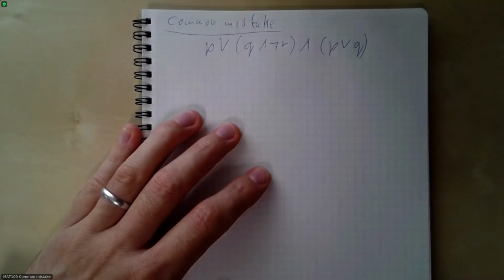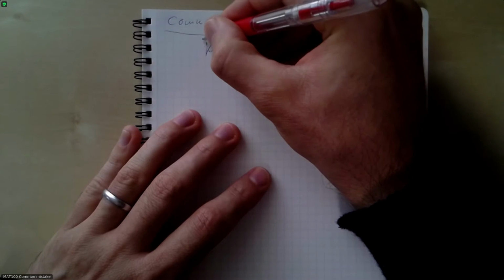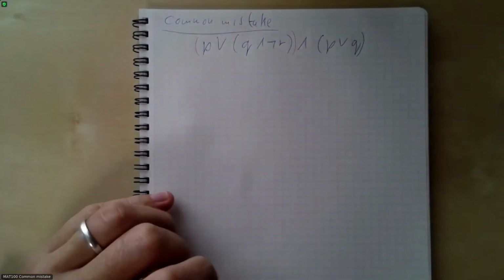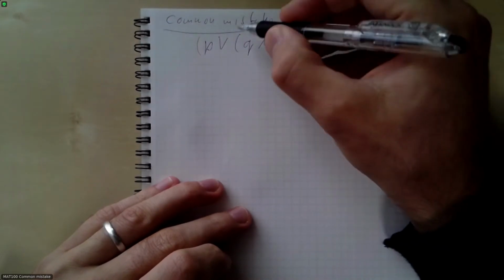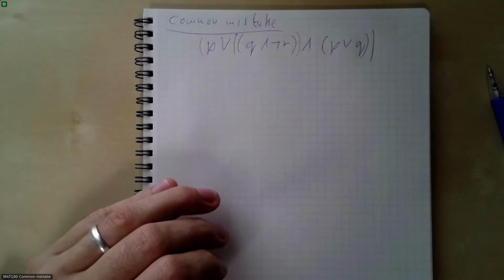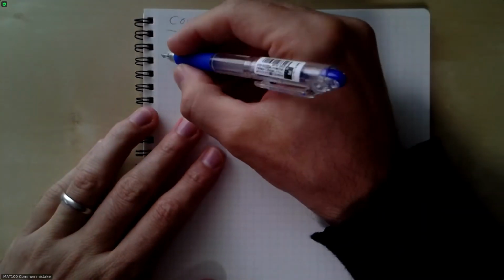The problem is coming from the fact that this can be read this way, or it can be read this way as well. Okay, well, let's make it simple. We have a simpler example.